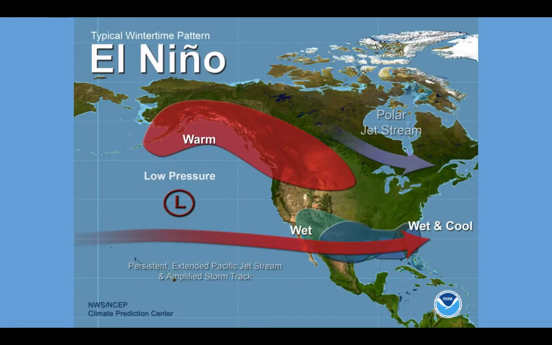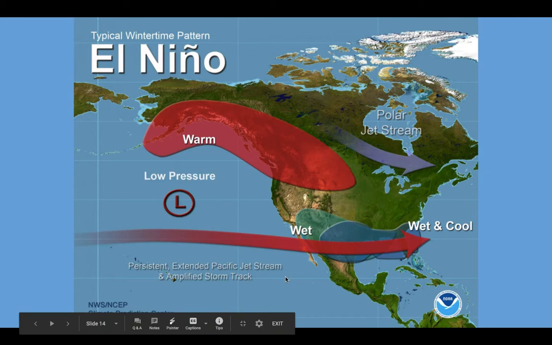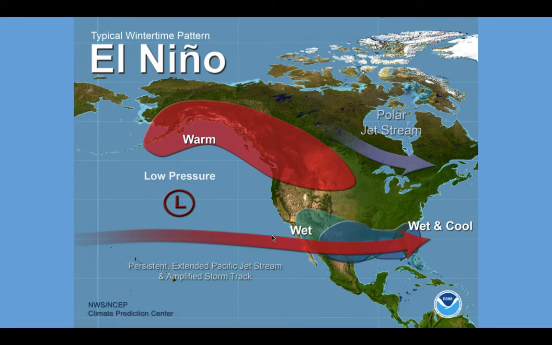The most famous one, and something we used to talk about a lot, is El Nino. So the El Nino effect is based on the ocean currents and the effect that they have on our weather in North America, maybe in South America too.